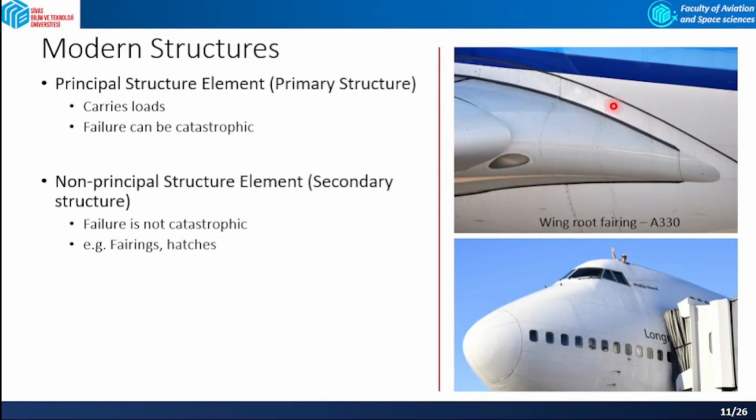You have the fairing when you connect the wing to the fuselage. You should also add a fairing just to smoothly transition from the wing structure to the fuselage structure aerodynamically. So elements of the secondary structure are termed non-principal structure, as you see in here.